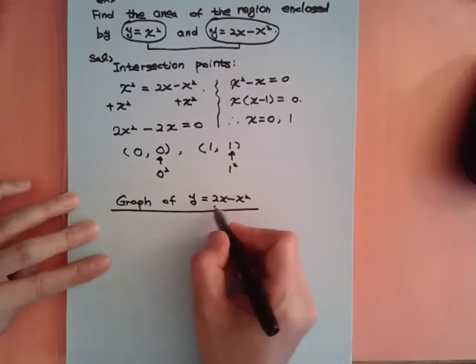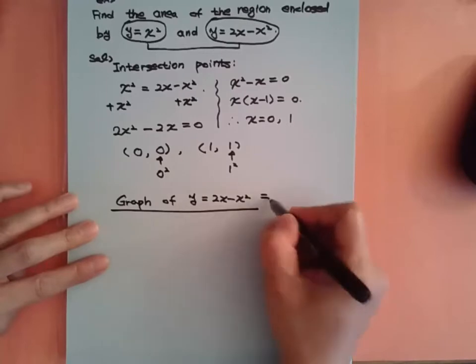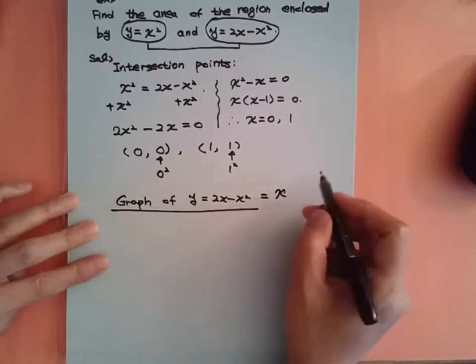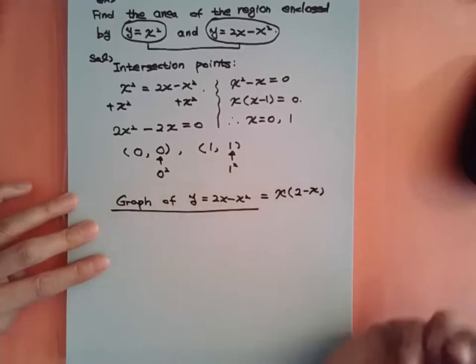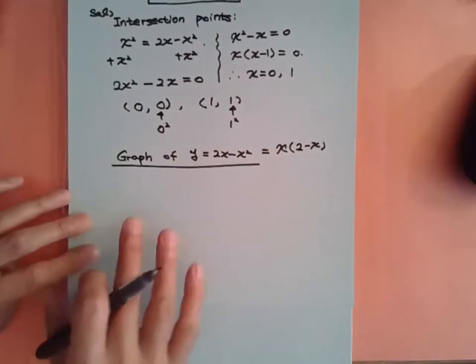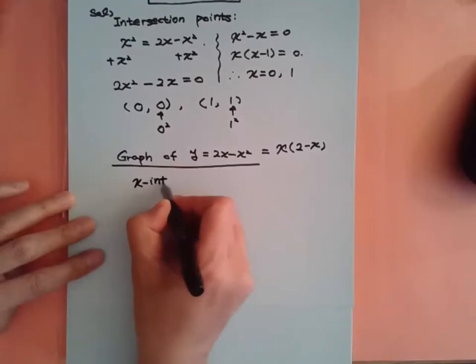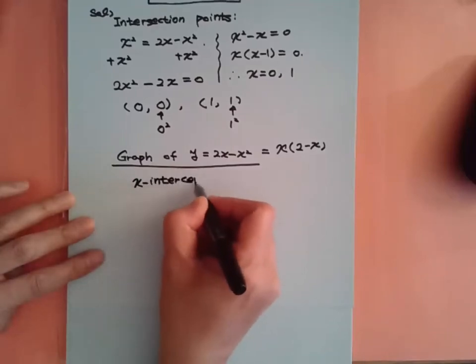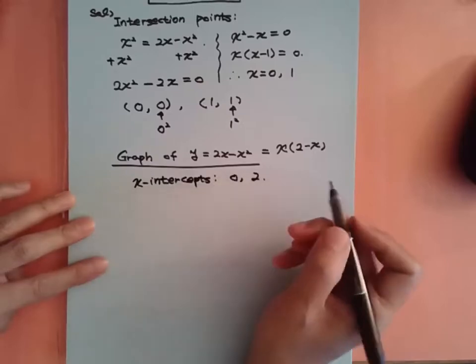If you factor this, then we have to take out the common factor, which is x. Then we have x times 2 minus x. From here, we get the x-intercepts. X-intercepts are 0 and 2.